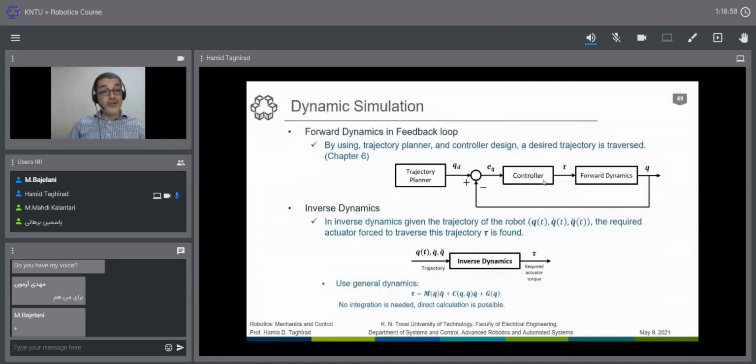Then we talk about the controller design. You can use a PID controller, very simple, and tune that for now, and see that you can reach a desired trajectory for the system. This control will make the mechanical structure move and have life.